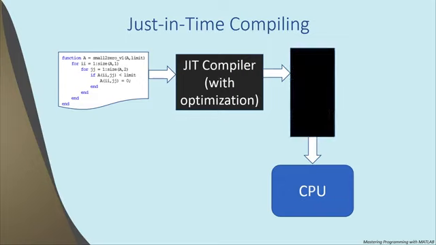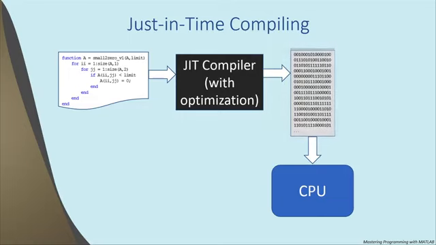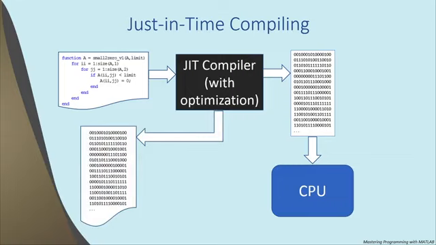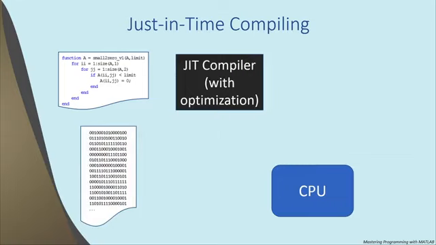And one last thing about just-in-time compiling. When that compiler translates the code for a function, it saves the translation into an internal file, so that until you edit the function or restart MATLAB, it doesn't have to translate it again.